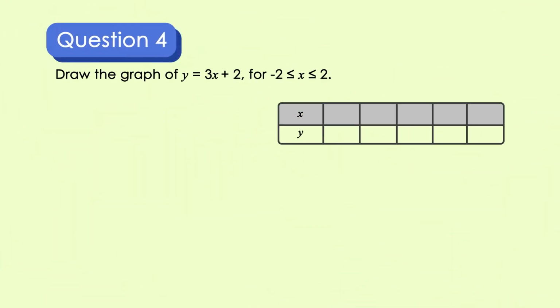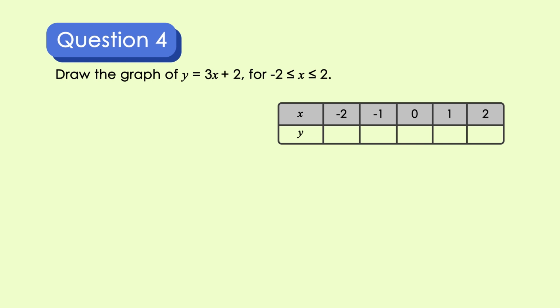Question 4. Draw the graph of y equals 3x plus 2 for the values of x in between negative 2 and 2. First, we need to construct the table of values for the given values of x.